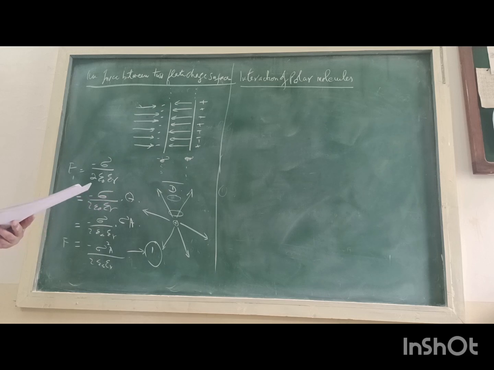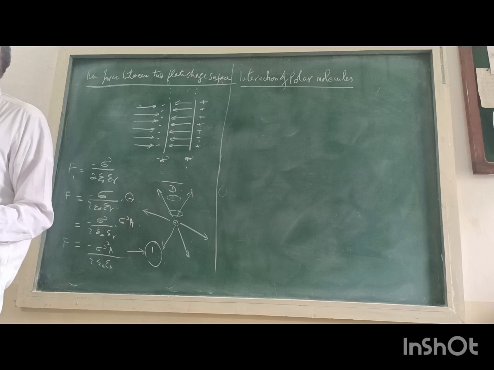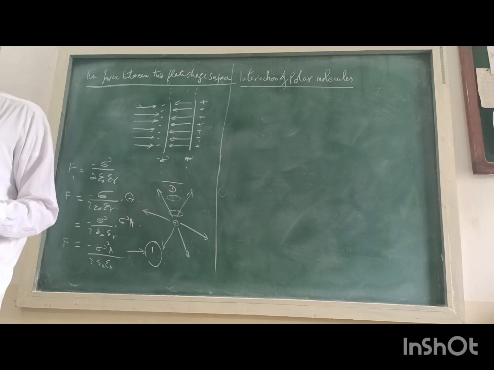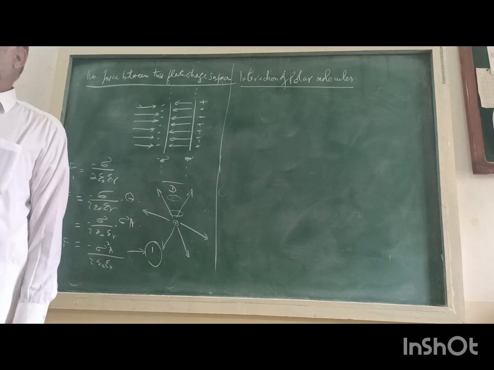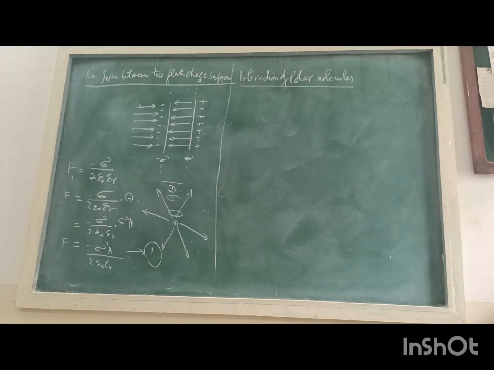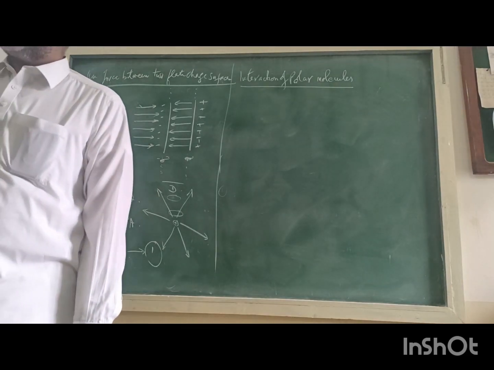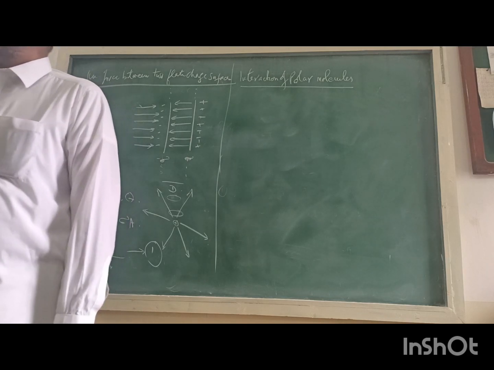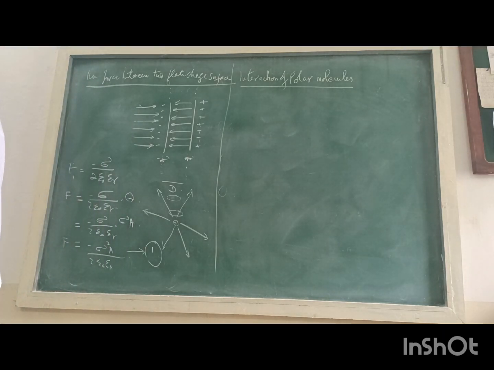So the first thing that is associated with polar molecules is the dipole moment. Dipole moment is a property. It's a measure of how polar a molecule is.